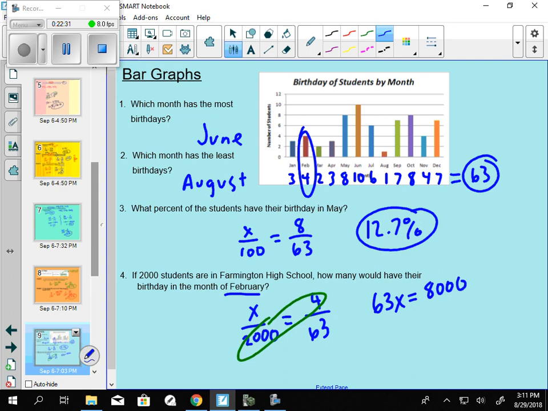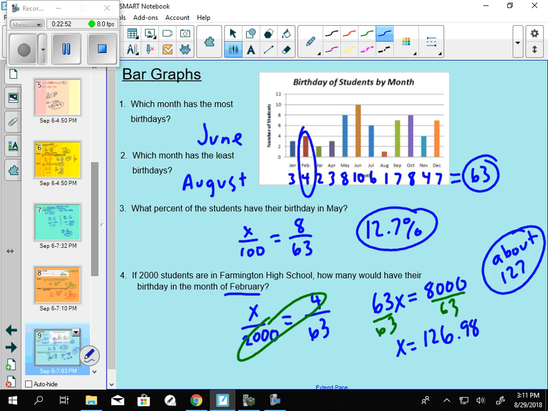Now divide by 63. Use the calculator. Looks like we get about 126.98 something, so very close to or about 127 students would have a birthday in February if the same proportionality held up.